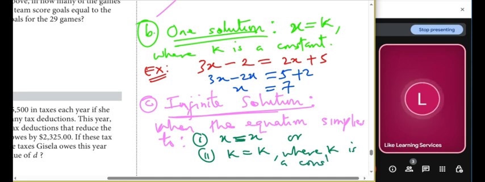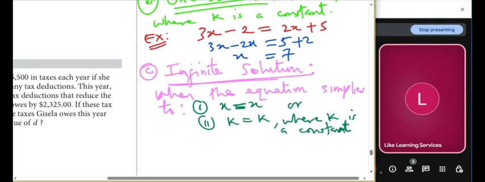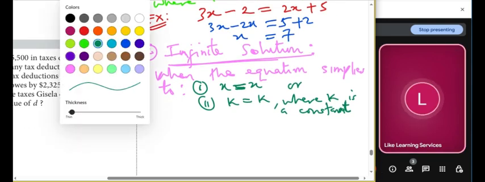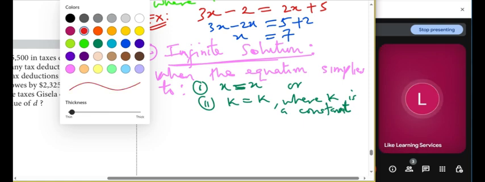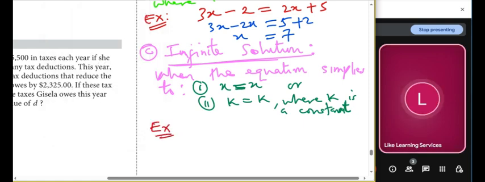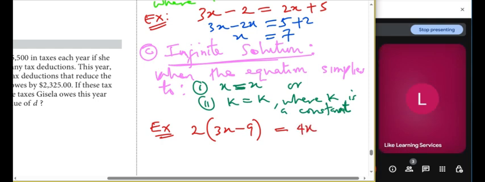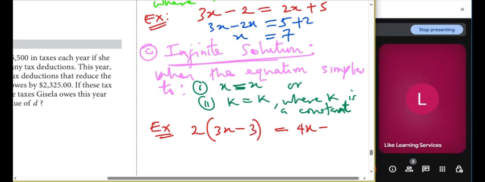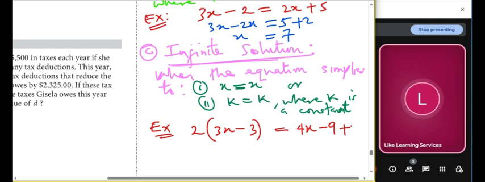I gave you one earlier. Can you read out that equation before we started the discussion proper? The one I gave you, you said you were trying to figure out how to do it. I think I can remember it. I gave you 2 open a bracket 3x minus 9 equals 4x minus 3, plus 2x.